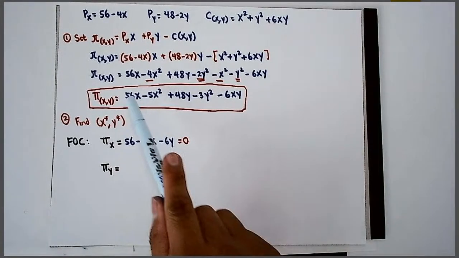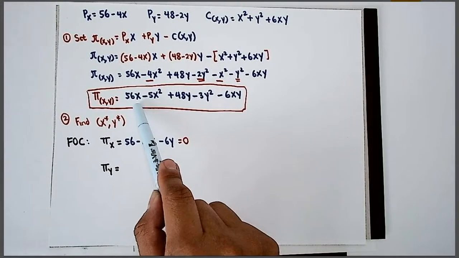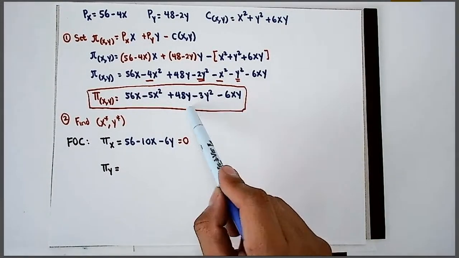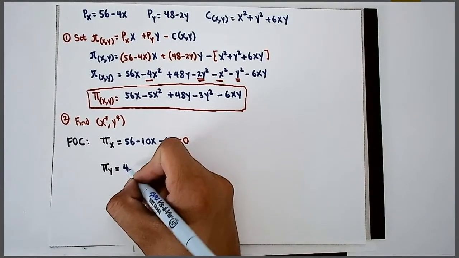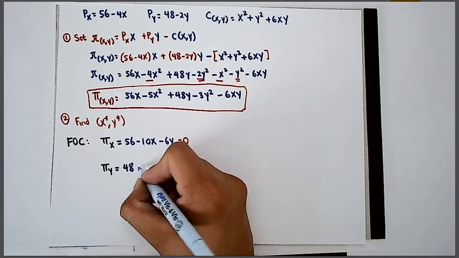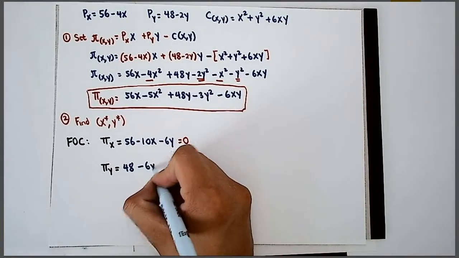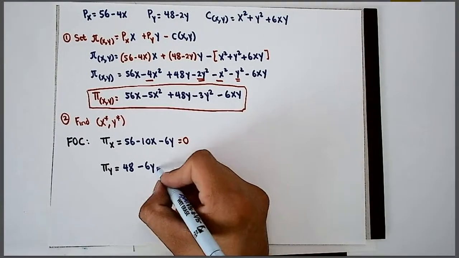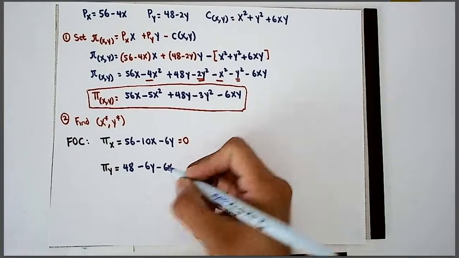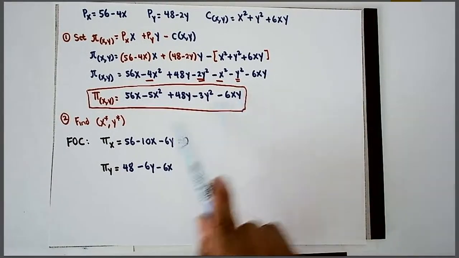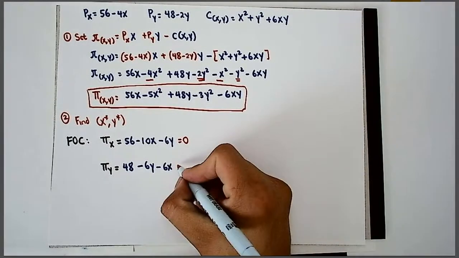So here the first two terms, the derivative is 0 because they do not contain y. Then we have the derivative of 48y with respect to y is 48, minus 6y, minus, notice that now the constant part is 6x. And then the derivative of y with respect to y is 1. So 1 times 6x is 6x.